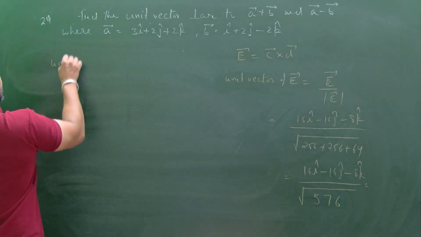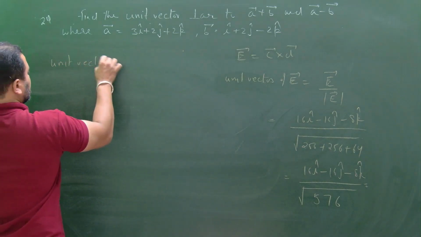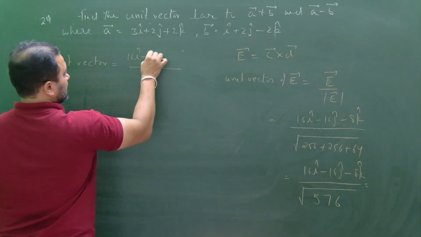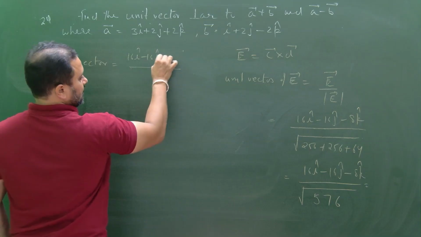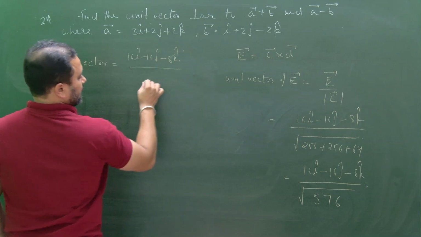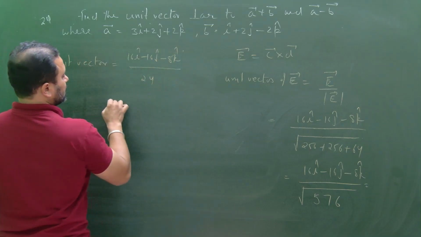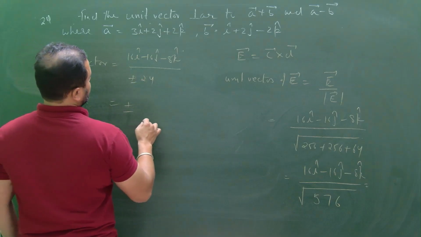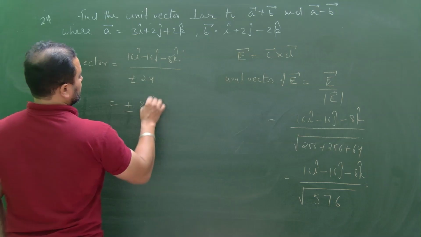So finally the unit vector will be 16i, 16j, 8k over 24, plus minus, so the value is plus minus, take the 8 out.